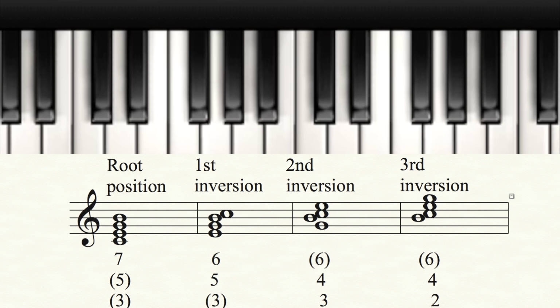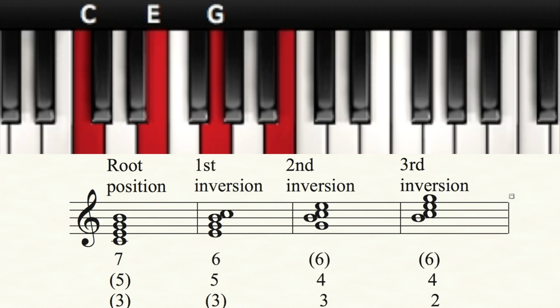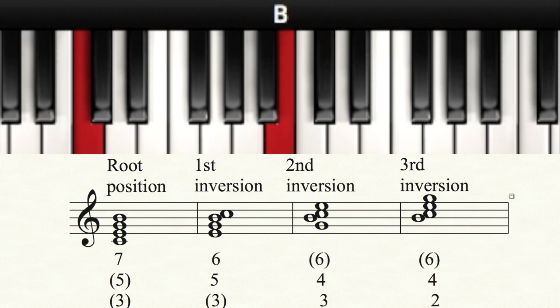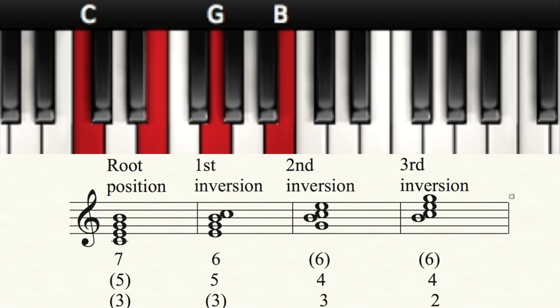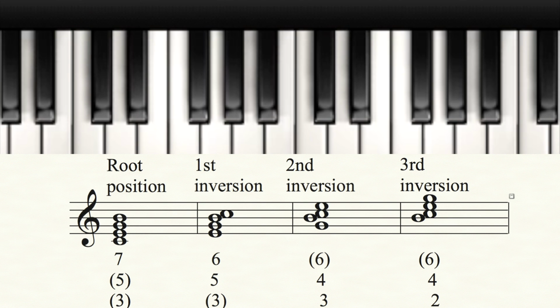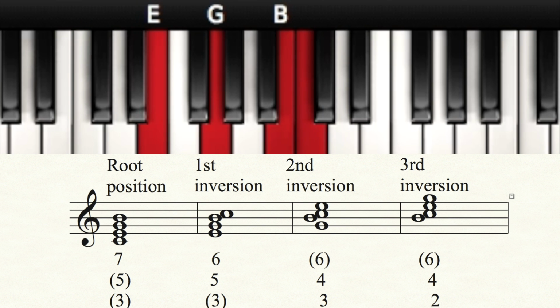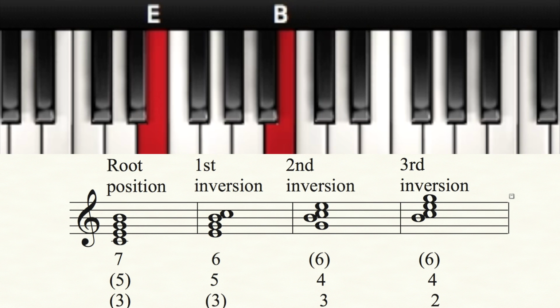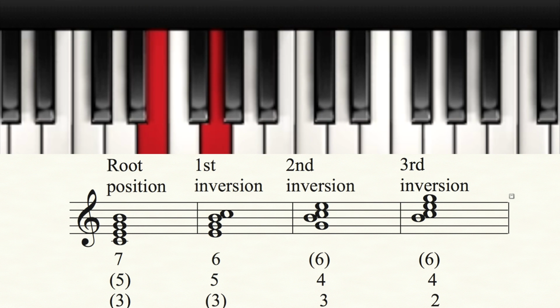And as for the inversion symbols drawn from their figured bass, it follows the same pattern as well. So all of the intervals above the bass for the root position are 7, 5, and 3, which is abbreviated as just a 7. For first inversion, we've got a 6, 5th, and 3rd, and the abbreviation is just 6, 5.